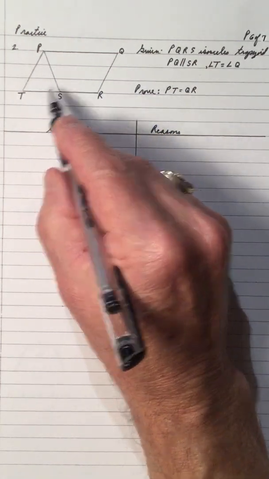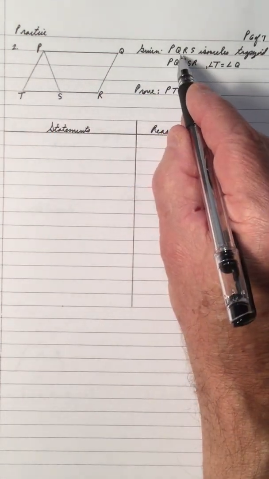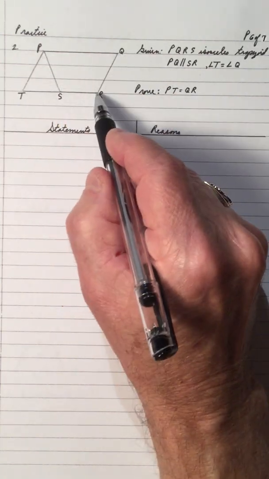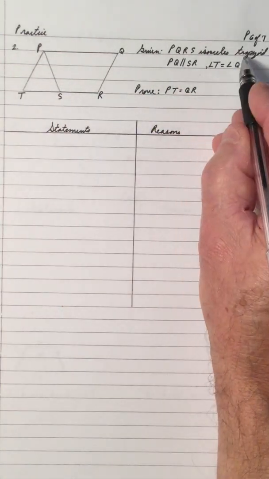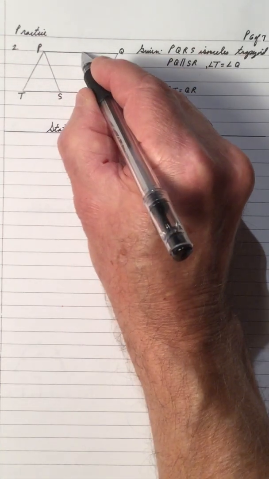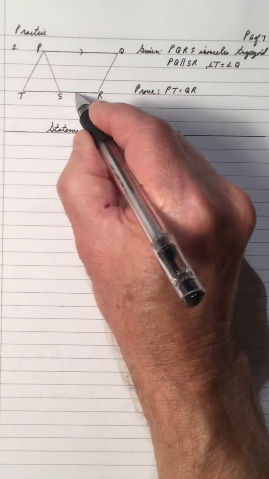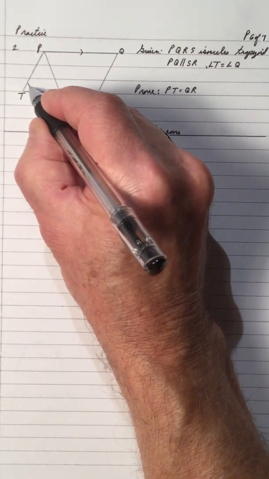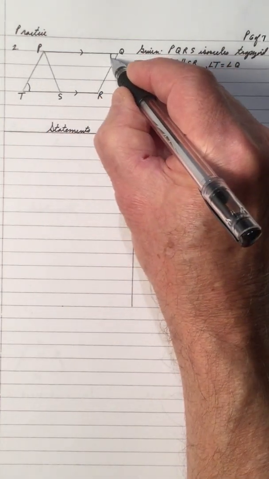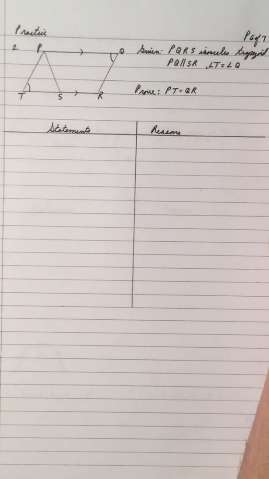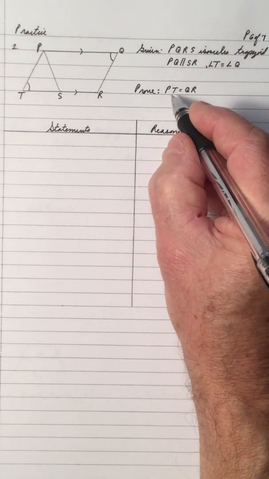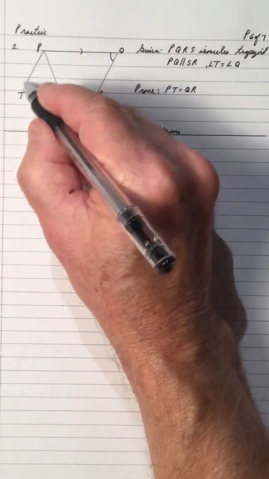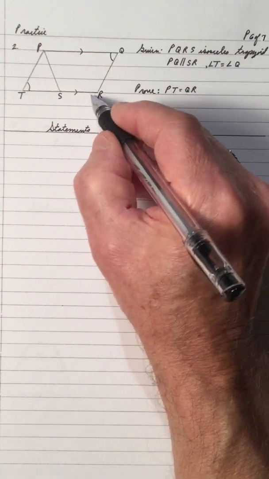We have this figure, and we're given that PQRS is an isosceles trapezoid. We have PQ parallel to SR, and we have angle T is equal to angle Q. And we want to prove that PT is equal to QR.